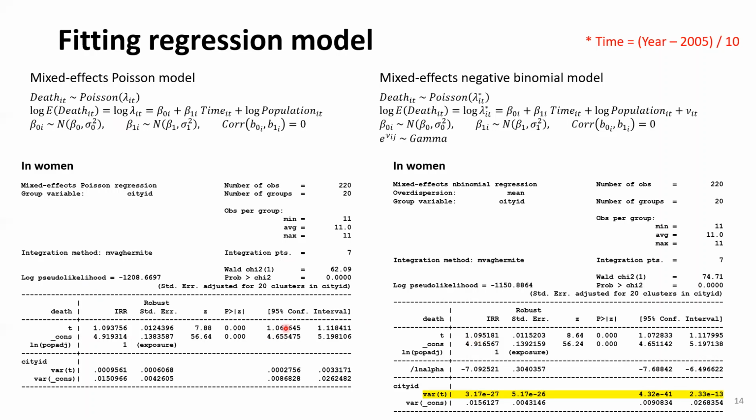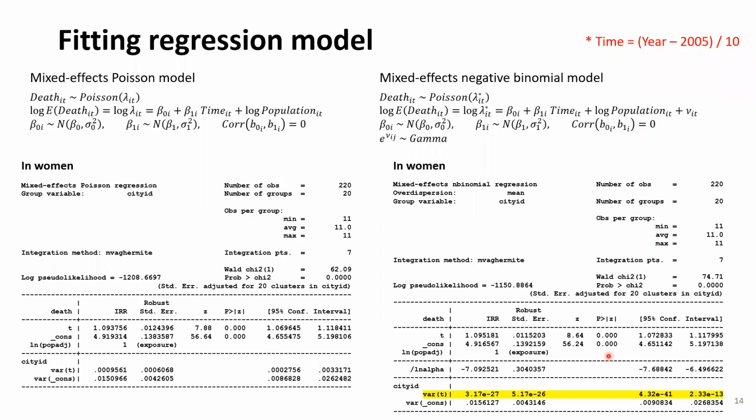And the confidence interval here is 1.07 up to 1.12, and here 1.07 up to 1.12. So they are quite similar in estimation. And also this intercept, which is the mortality rate at 2005, is 4.9 with this confidence interval, and 4.9 with this confidence interval.